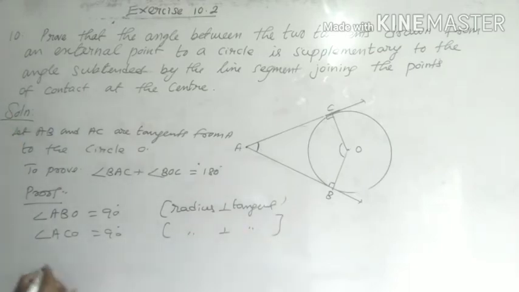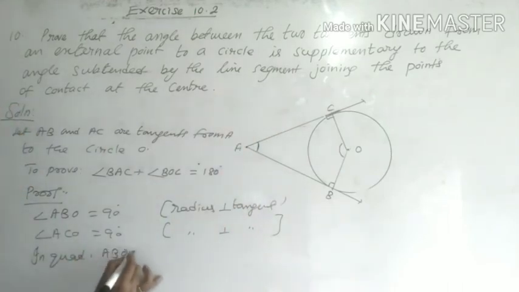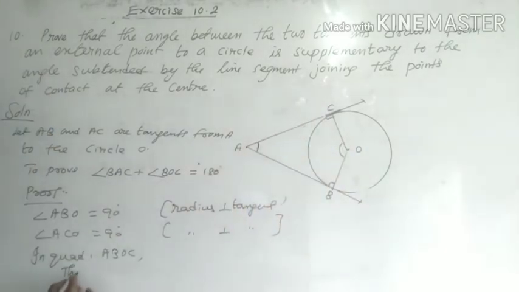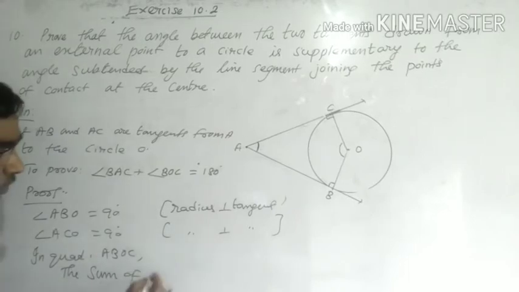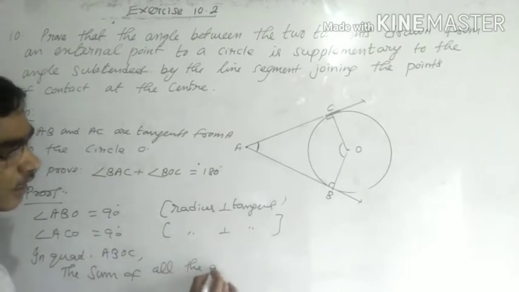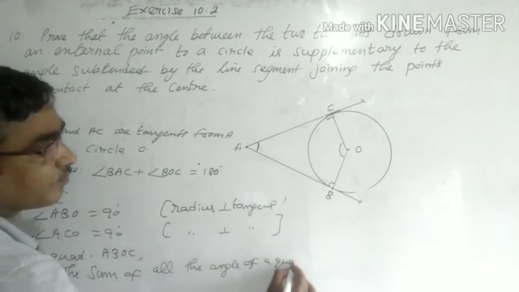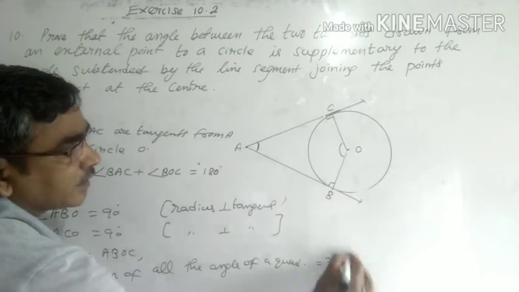Okay, right. In quadrilateral ABOC, which quadrilateral? ABOC is a quadrilateral, right? In the quadrilateral ABOC, the sum of all the angles of a quadrilateral is how many degrees? The sum of all the angles of a quadrilateral is equal to 360 degrees.